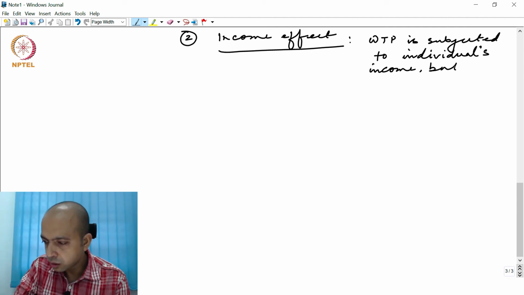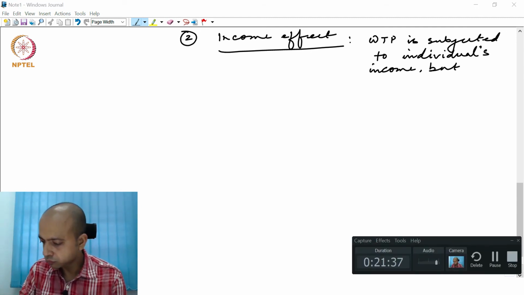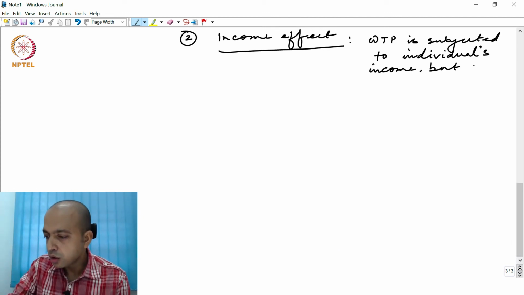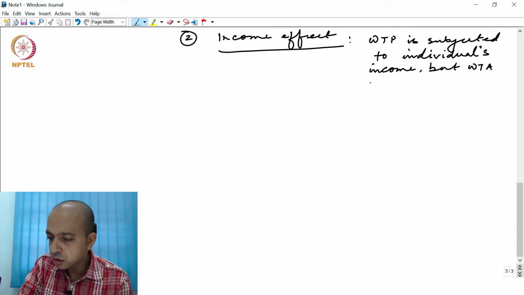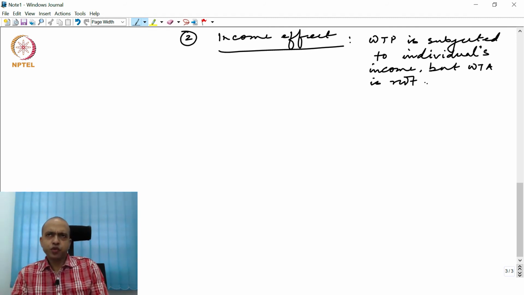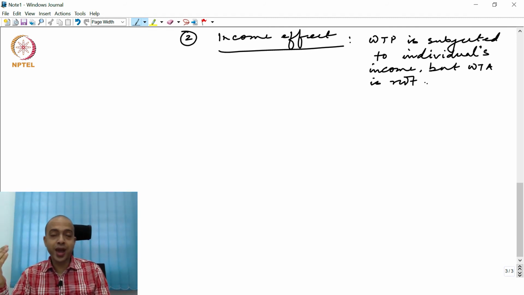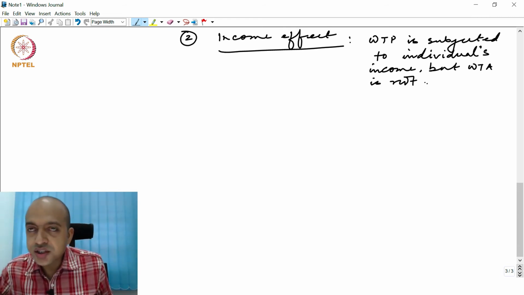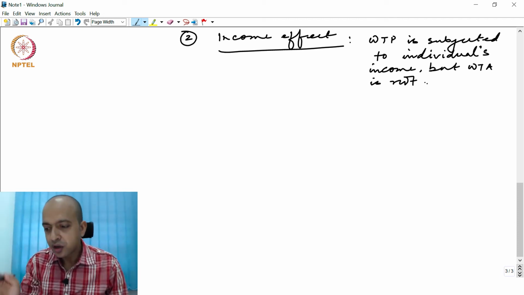But willingness to accept is not. When I ask how much would be your willingness to accept compensation for this amount of environmental change in negative direction, obviously everyone wants to get as much as they can. So there is no limit in willingness to accept, because willingness to accept is not subjected to income.